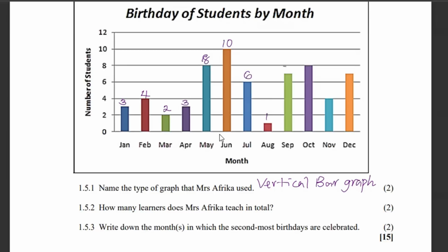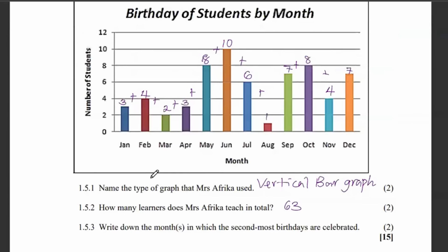September, we have a 7. We have 8 in October. November, we have a 4. And December, we have a 7. All right, so we add all these values, and the answer becomes 63.